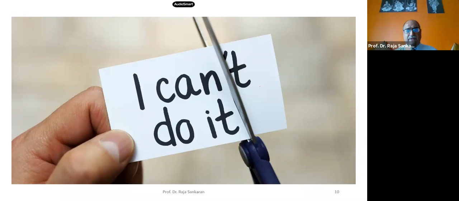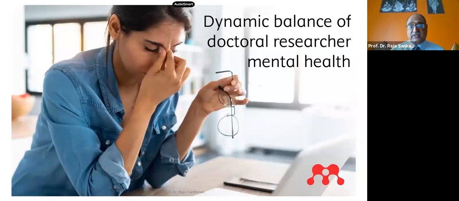A quick motivation. As a research scholar, this is again very, very critical, because in this journey, you need to make sure that you do not lose your mental health. There has to be a balance in the whole journey, because we will be bogged down by our professional environment, by our studies, by our family.